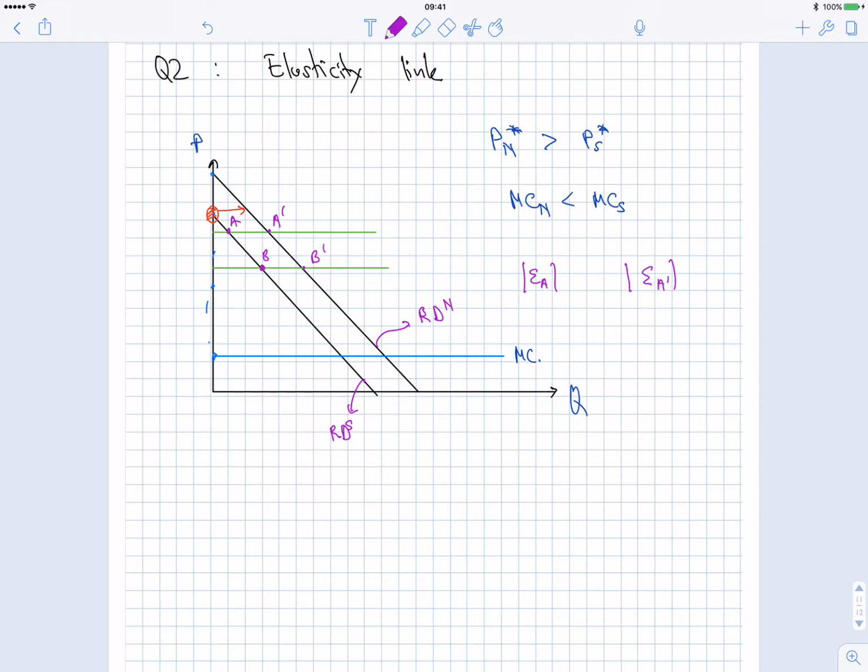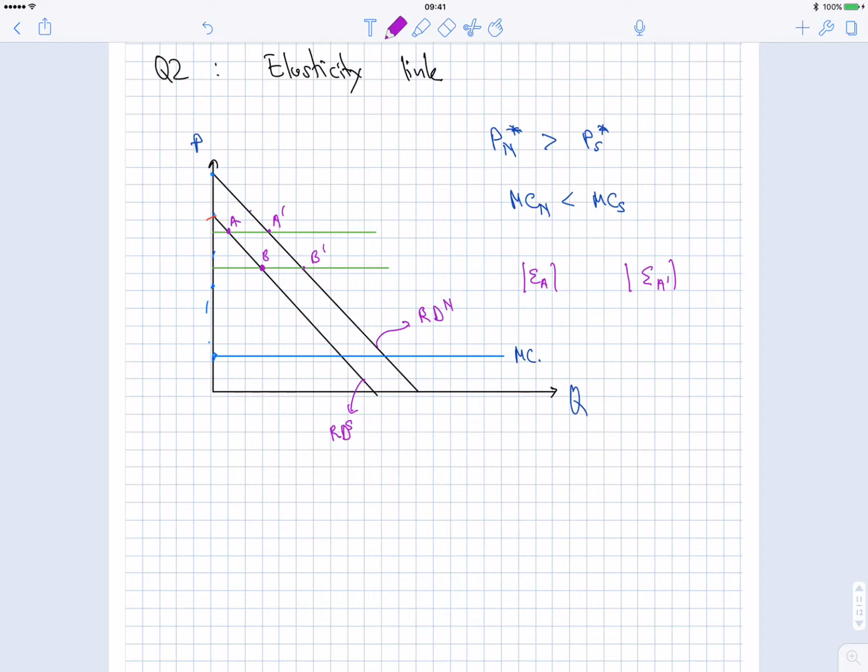Would they be the same? They wouldn't be the same. Let's think about it this way. If you are very close to this intercept, what's going to be the elasticity of this demand? What would the elasticity be very close to the intercept? It would be close to infinity.